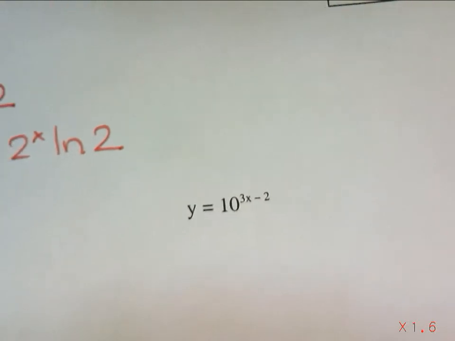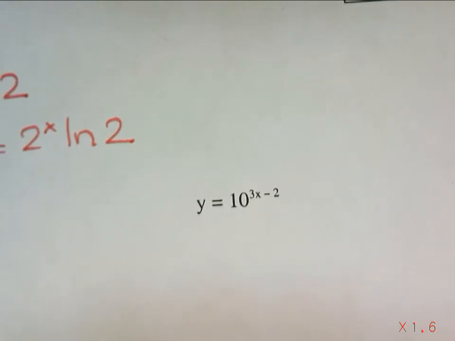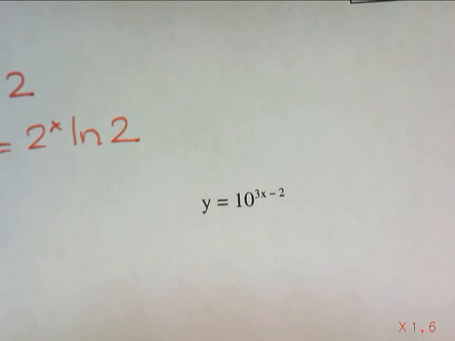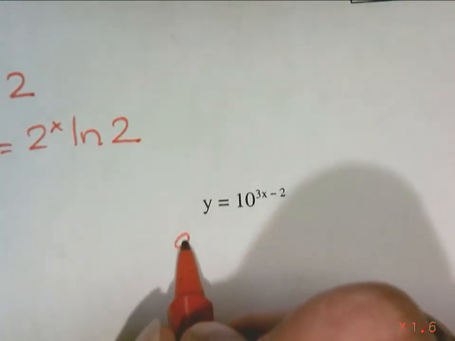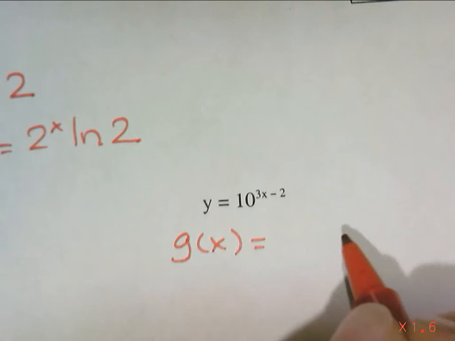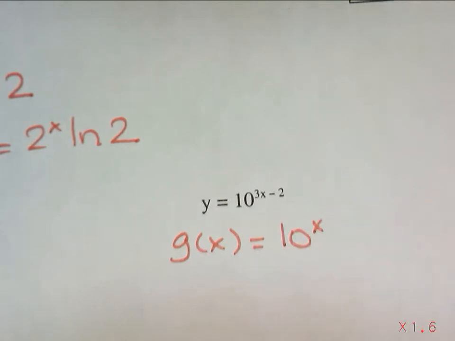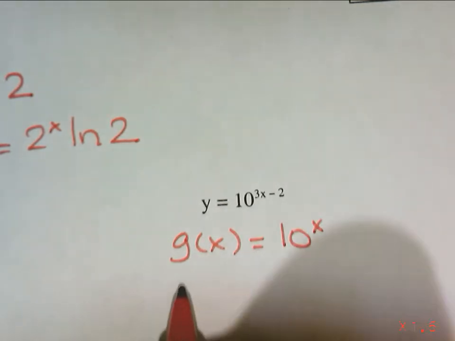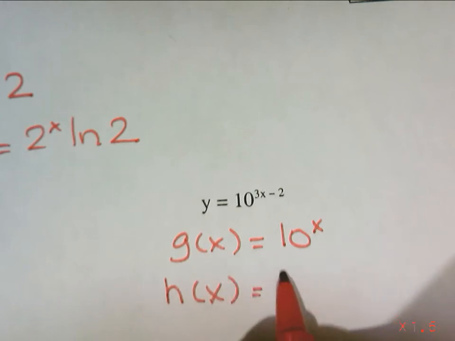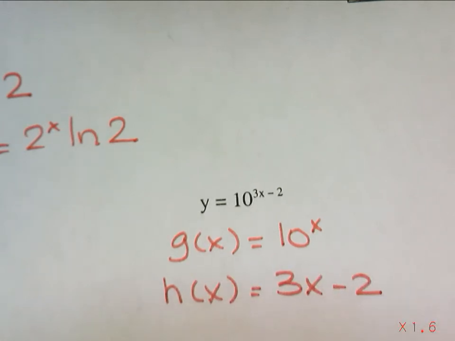If you want to do something a little more complicated, for example, 10 to the power of 3x minus 2, let's use the chain rule. So I'm going to say the outside term is 10 to the x, which makes the inside term 3x minus 2.